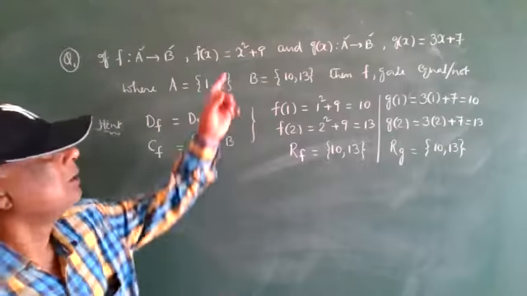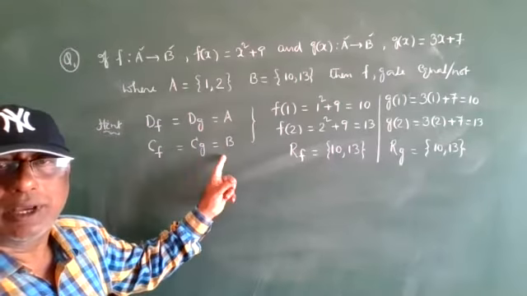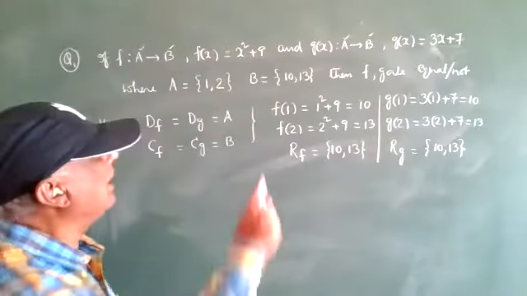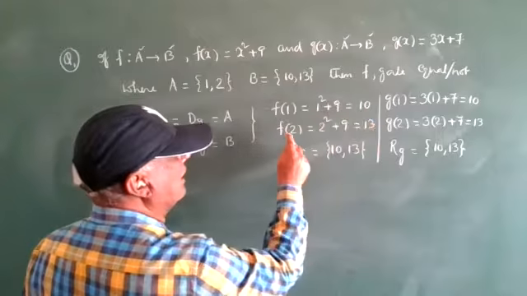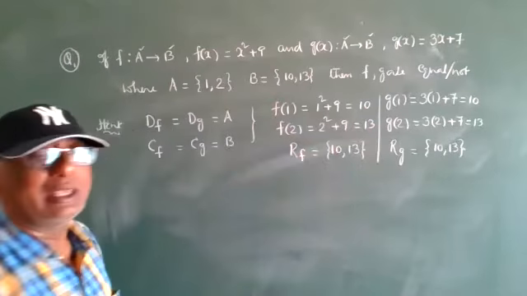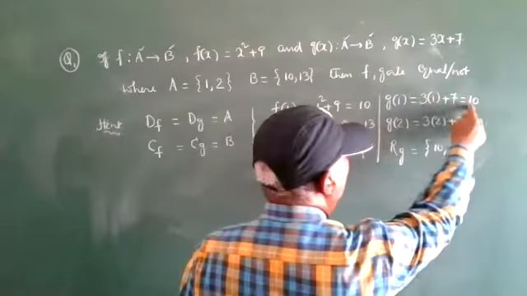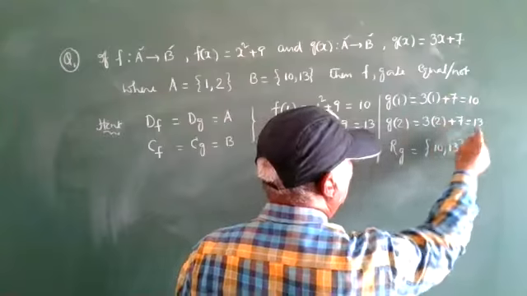So here, both domains are equal, both codomains are equal, and are the ranges equal or not? In function f, 1 has image 10, 2 has image 13. Therefore, the range of f is 10 comma 13. In function g, g of 1 is 10 and 2 has 13.